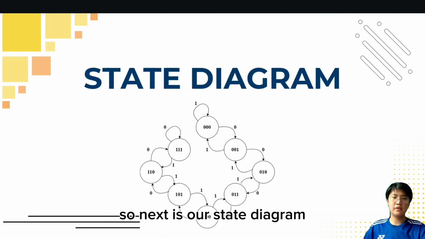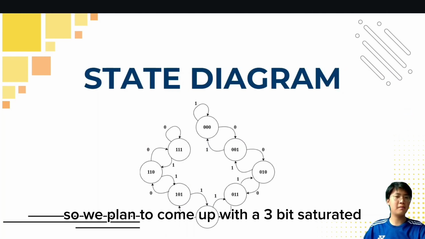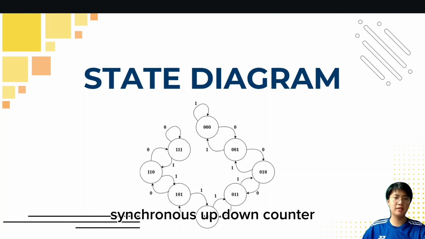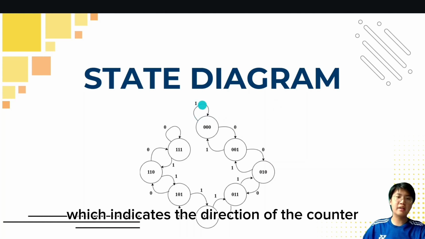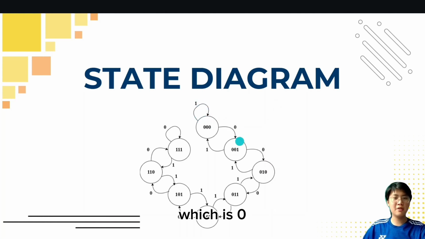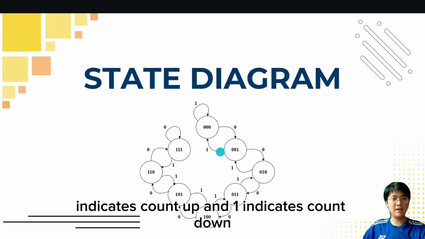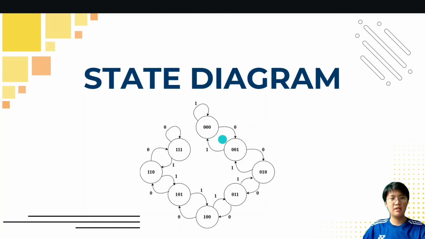Next is our state diagram. We plan to come up with a 3-bit saturated synchronous up-down counter. It has an external input which indicates the direction of the counter, where 0 indicates count up and 1 indicates count down.